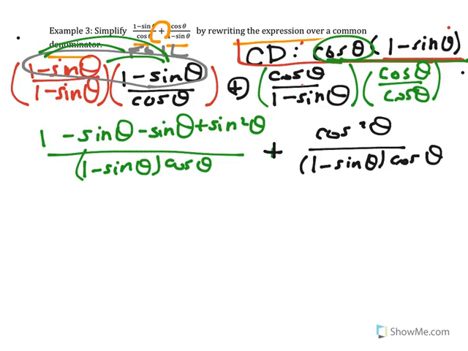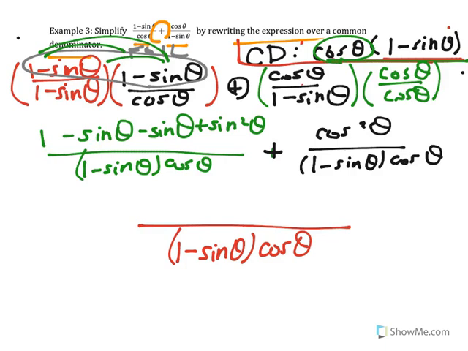Okay? So in our next piece, what we are going to do is we have a common denominator now. I'm going to see what I can clean up. And since both of these fractions have our same denominator, we can then combine the numerators over that said denominator. So I'm going to create my one common denominator.